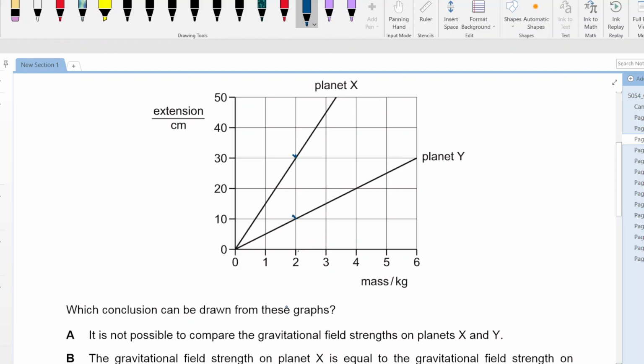For mass 2 kg, it has the same weight for each planet.